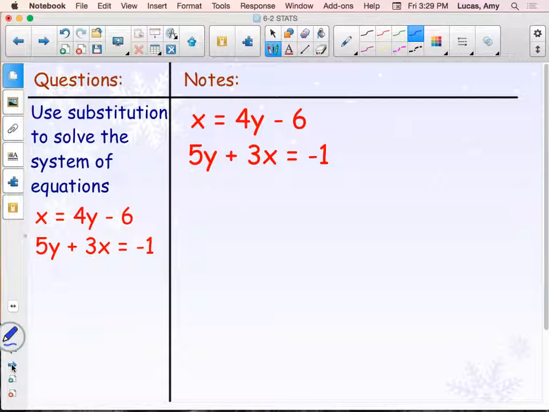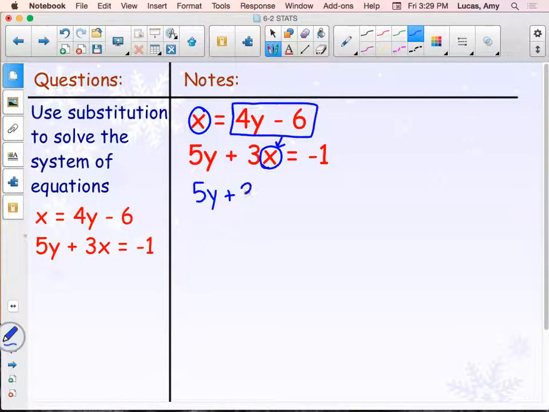All right, our next example, x equals, so x is by itself. I replace it with 4y minus 6, so it's got to go in the spot where the x is. So 5y plus 3, and then in parentheses, because of the 3, where I circled that x, I'm substituting to replace the x, not 3x, just the x has a value 4y minus 6.